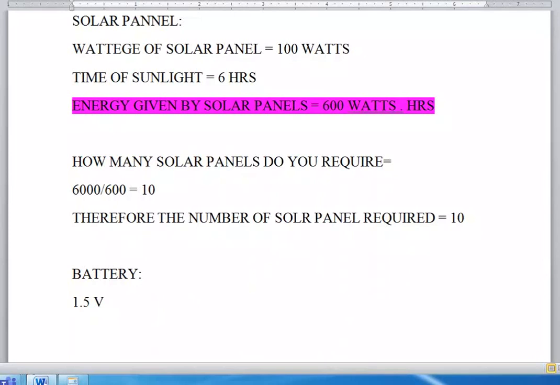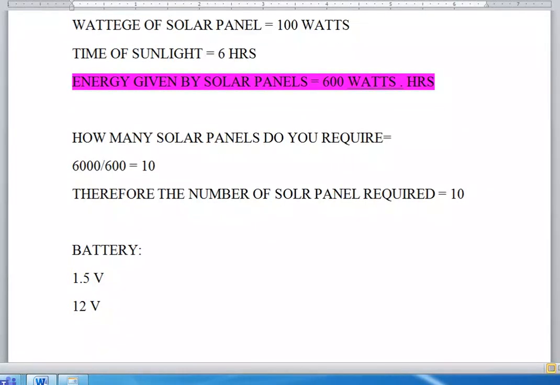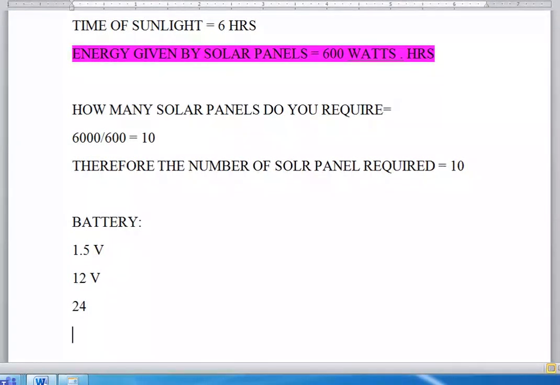Okay, so here in our solar thing they are available as 12 volts. Remember this, 12 volts they are available. Any battery you take, you will have 12 volts. In some cases you will have 24 volts, and in some cases 36 volts. Remember, but these values are present there.